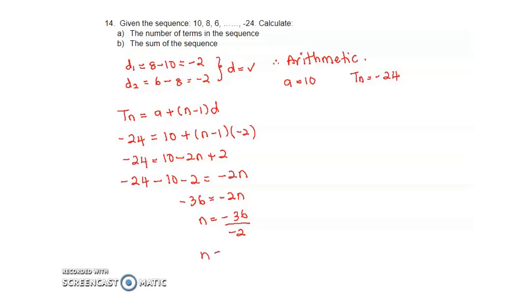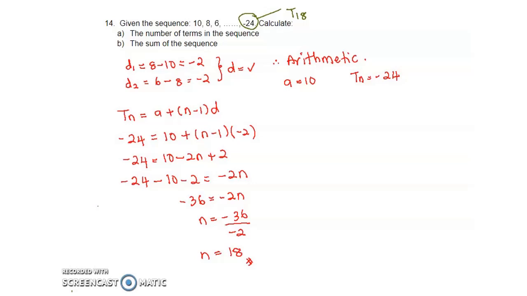So negative divided by negative is positive. 36 divided by 2 is 18. Okay, so remember n cannot be negative. So here negative 24 is T18. So altogether in this sequence we have 18 numbers.